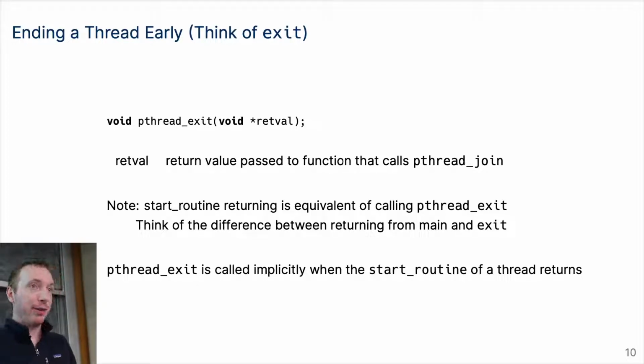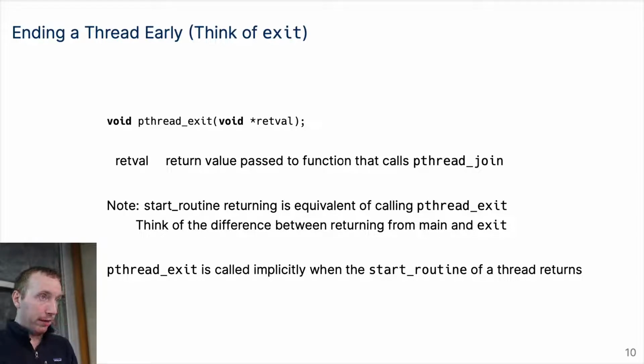But so there's also an equivalent of exit for threads. Thankfully, it's also called exit, so it makes it easier to remember. So there is a pthread exit, and it just takes a return value, so what you want to exit immediately, and that's returned as part of the pthread join.